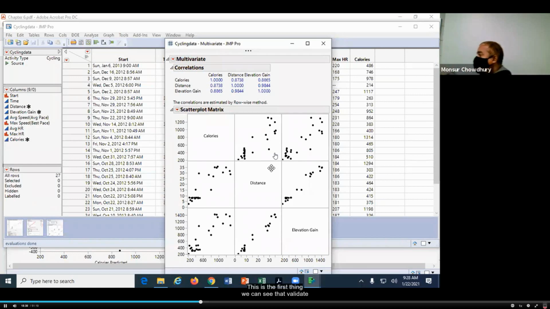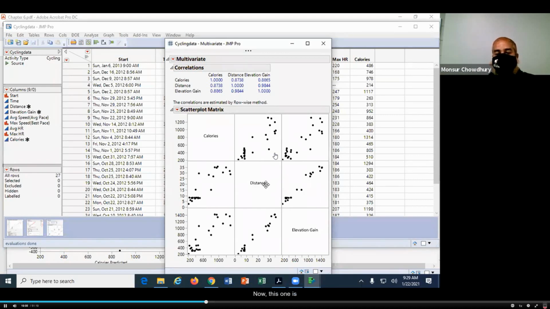Okay, so this is the first thing. We can see that there is some problem, and this problem we call redundancy. That means they are highly correlated. And if you look at the scatter plots here, you can see that we get all the scatter plots. This is the response variable versus the predictor. This one is the scatter plot of the response variable versus another predictor, elevation gain.